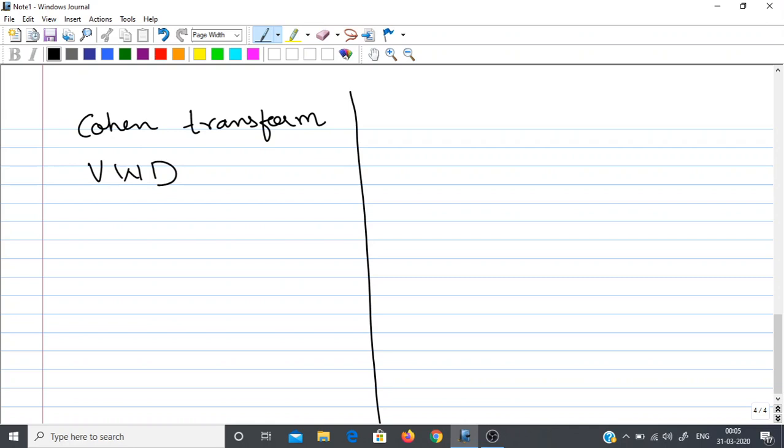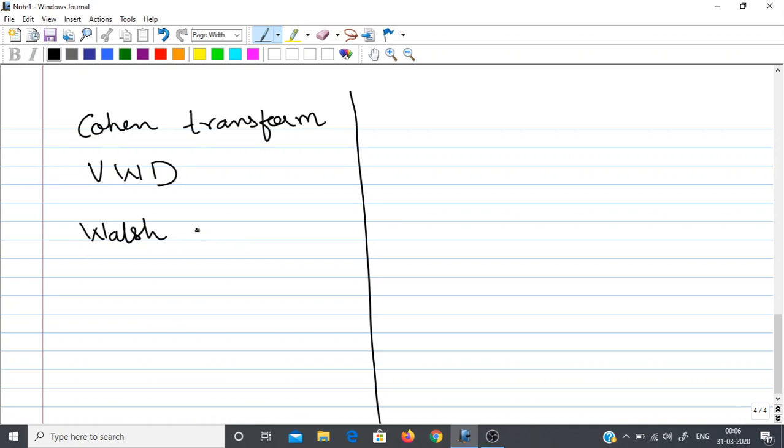Now there are certain other transforms where the bases are some other kinds of signals, like the Walsh transform. This Walsh transform is not a time frequency transform. It is a different kind of transform where our basis functions are neither sinusoids nor segmented sinusoids. They are some other orthogonal set of functions.